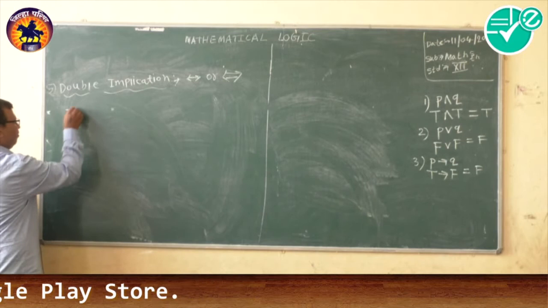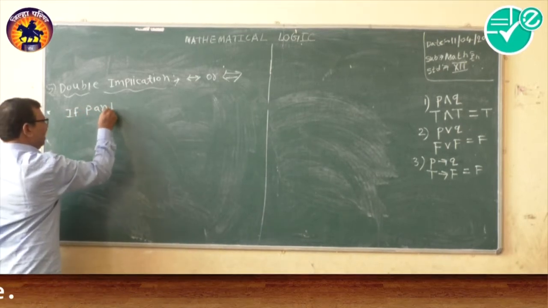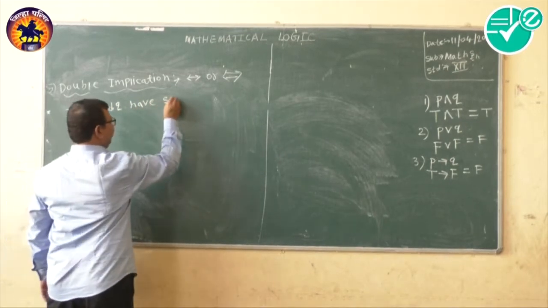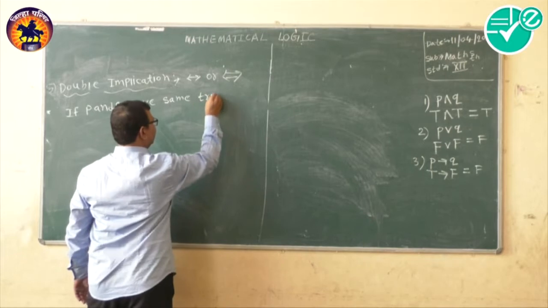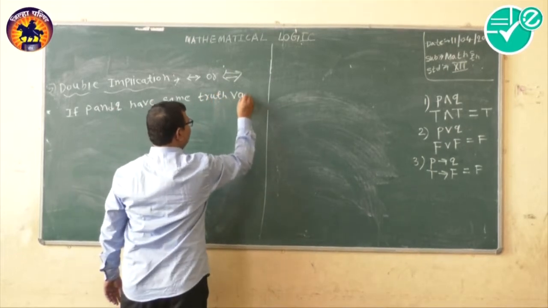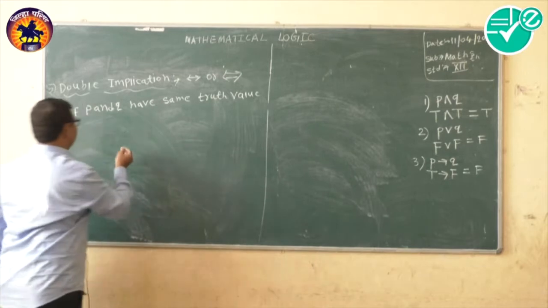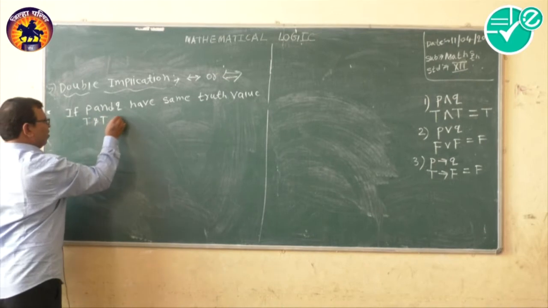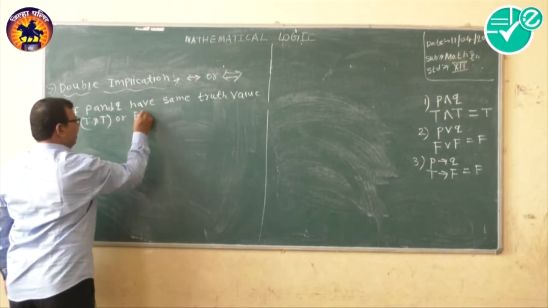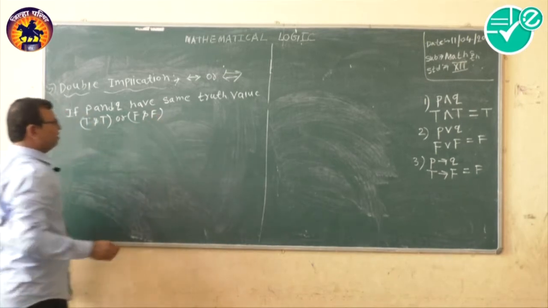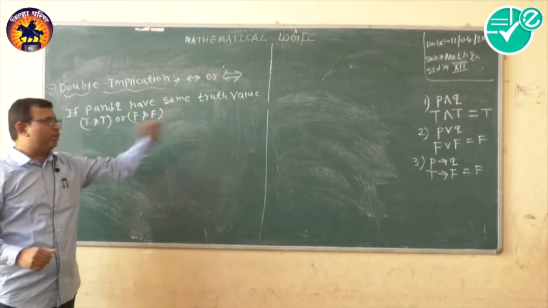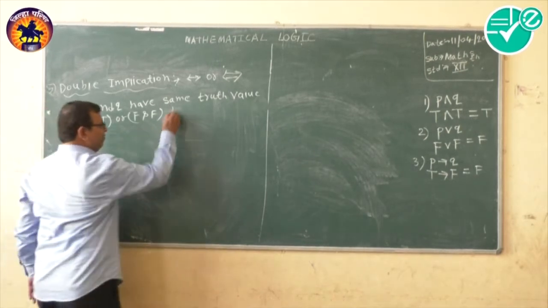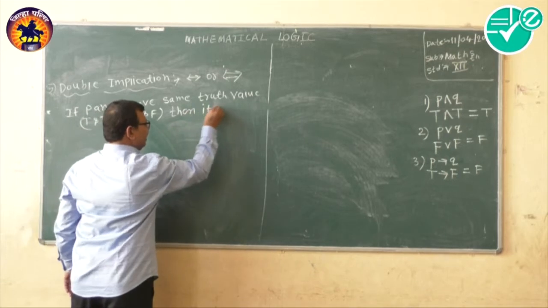If P and Q have the same truth value, same truth value means T and T or F and F, then it is true.